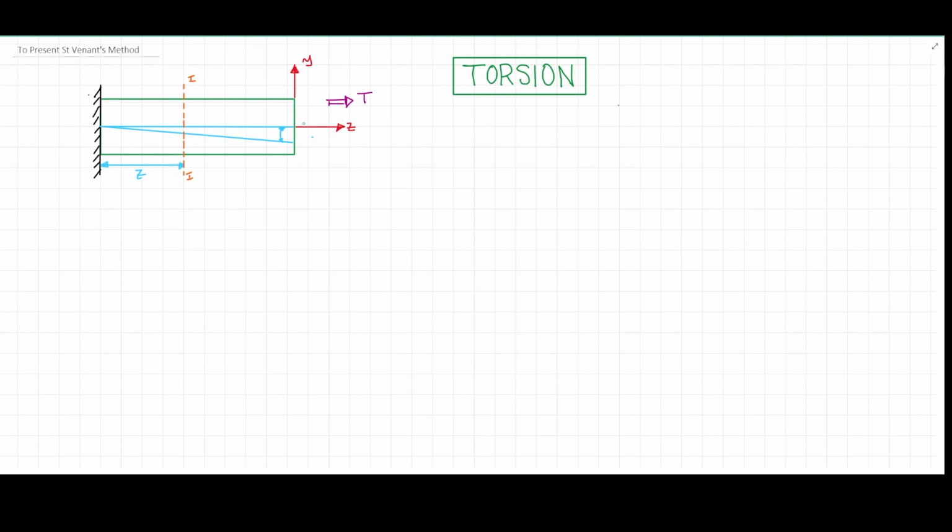Before jumping into Saint Venant's method or formula, I'm going to discuss what we have learned in the past. Everything we have noticed or done in terms of rotation of elements by applied torsion has to do with Coulomb's theory. So let me write it down here.